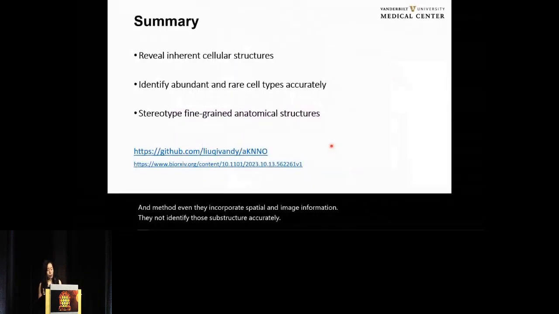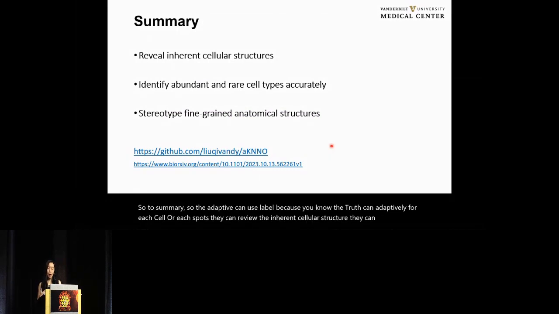So to summarize, because the adaptive k-nearest label chooses K adaptively for each cell or each spot, it can reveal the inherent cellular structure. It can identify abundant and rare cell types accurately and simultaneously. Applied on spatial transcriptional datasets, it can reflect the fine-grained anatomic structures.